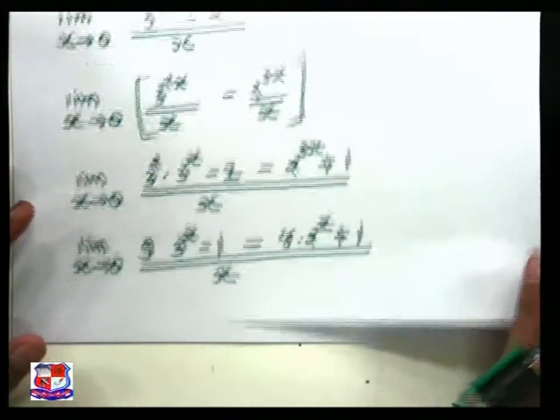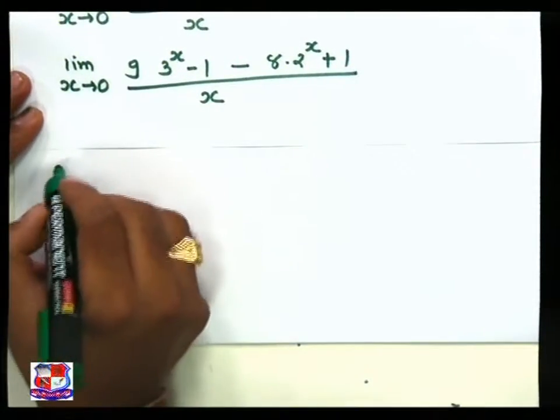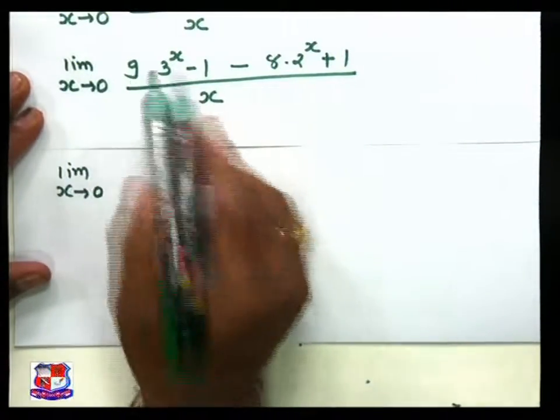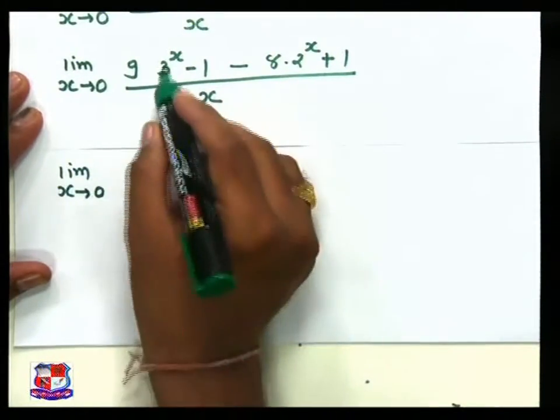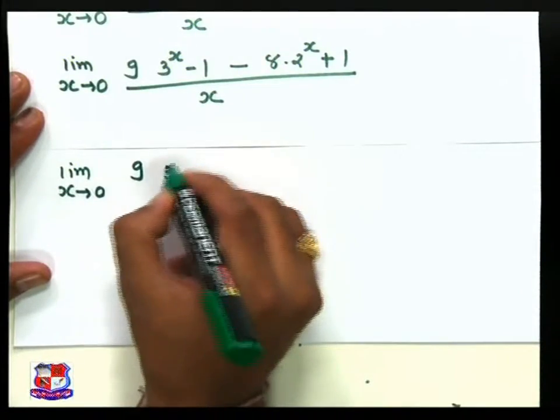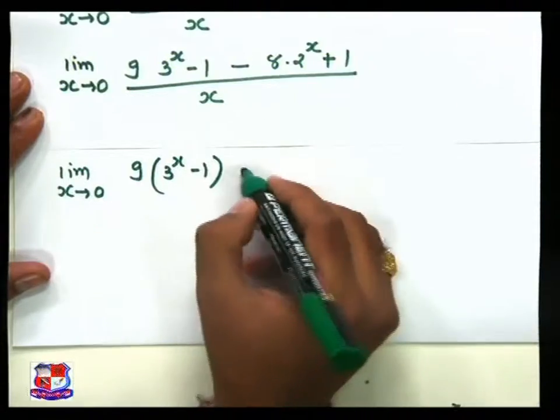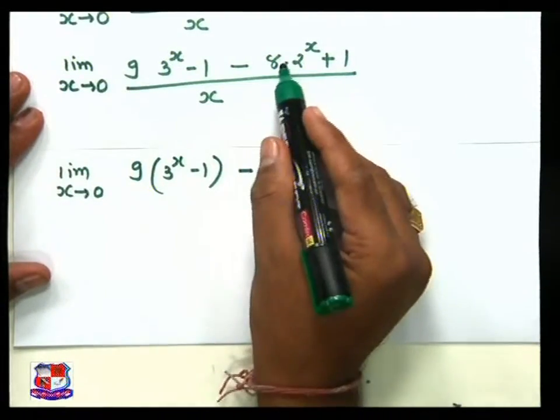Now again we simplify this step. Limit x tends to 0, here 9, here 3 raised to x minus 1 in brackets, minus here 8.